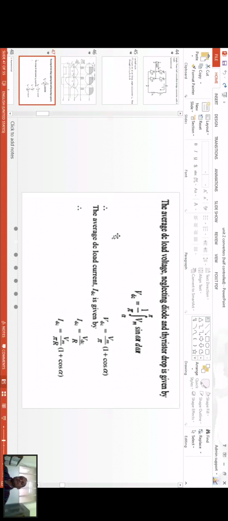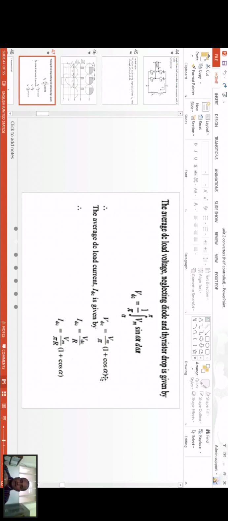Neglecting the diode and thyristor drop, we can find VDC equals 1 by pi integral of Vm sin omega t, so VDC will be Vm by pi (1 plus cos alpha). You might see a similar equation in almost everything we have seen till now.